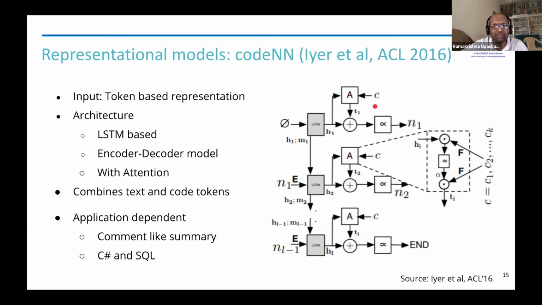The code tokens are sent through the attention layer to get the first token, N1, and this word token, which it gets as output, is again sent to get N2, and so on all the way till the end. These steps of the LSTM spit out N1, N2, all the way till the end, and these can be considered the comment-like summary of this particular code.